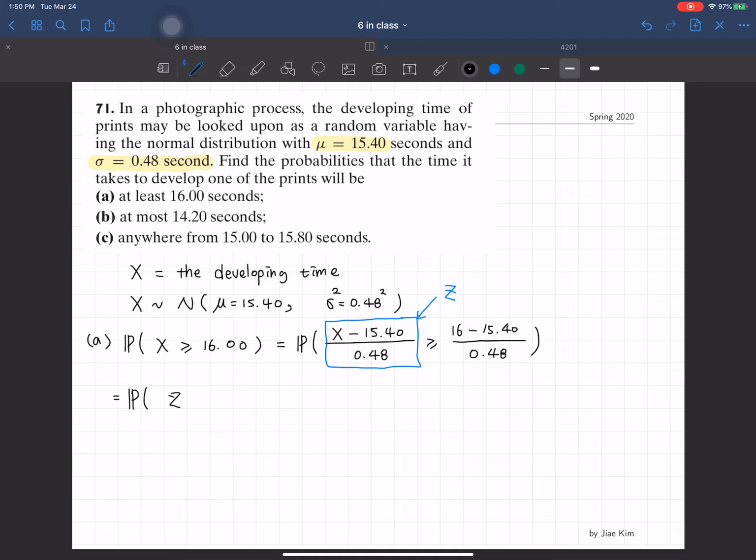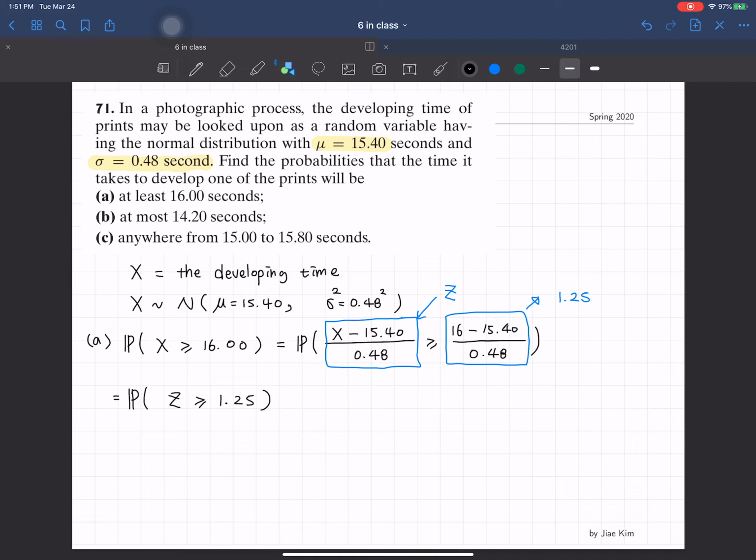So this is going to be standard normal being greater than this value, which is 1.25. So this is the same as standard normal being greater than 1.25.